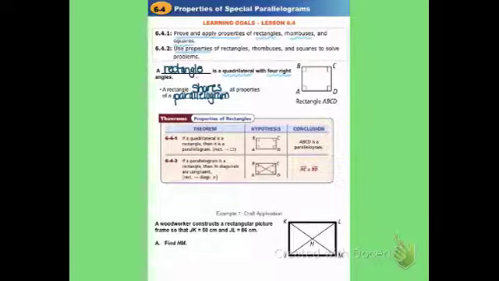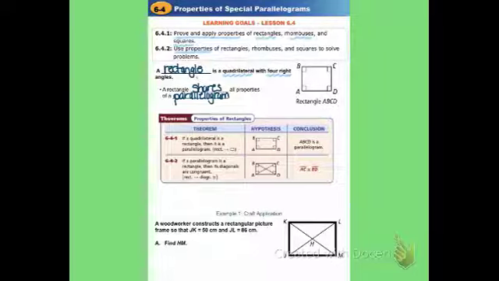So all those properties we learned about parallelograms: opposite angles congruent, opposite sides congruent. We found out that the consecutive angles added up to 180 degrees, and also that diagonals bisect each other. Well, all of those properties are true in a rectangle because a rectangle is a parallelogram.